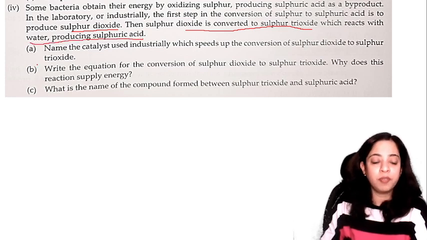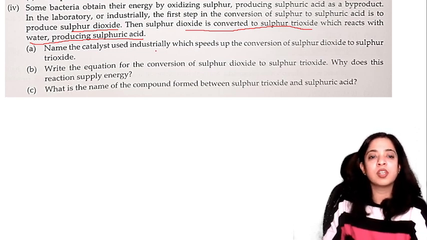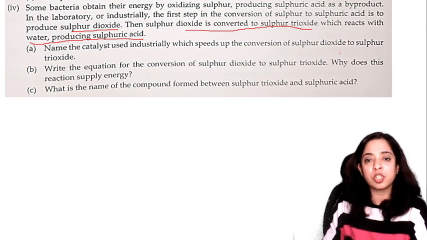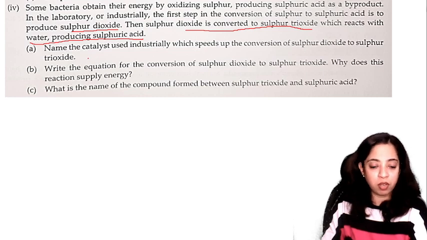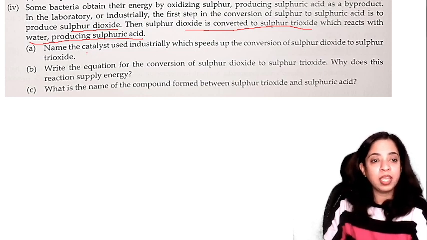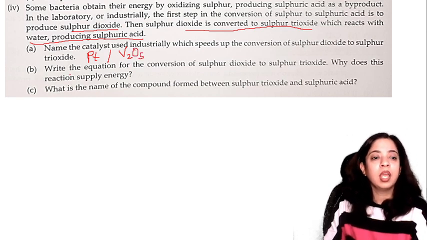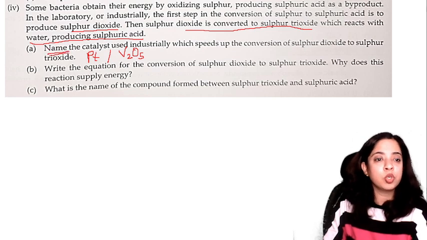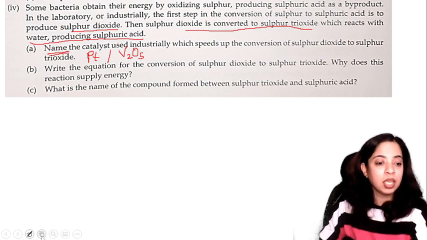Now in this we have to answer these three questions. Name the catalyst used industrially which speeds up the conversion of sulfur dioxide to sulfur trioxide. So you can use platinum and vanadium pentaoxide. So V2O5. Okay. Write the equation for the... Oh, it says name. Children, look carefully, I made a mistake here, it says name.